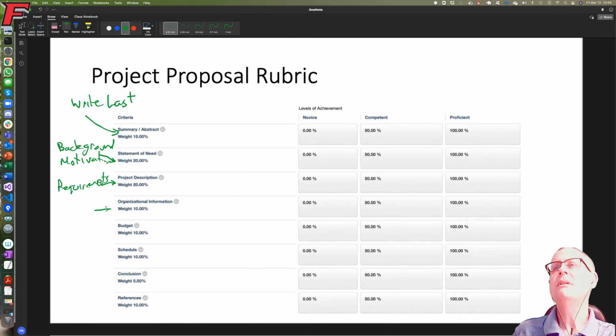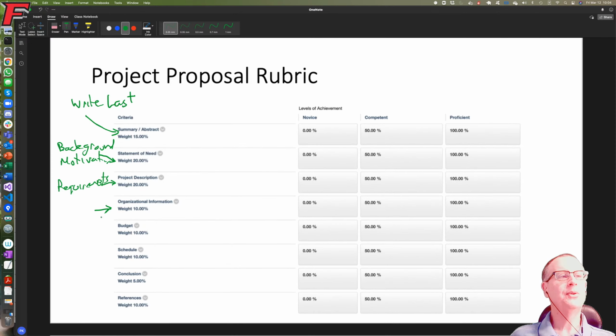Organizational information. In any team, there are various roles that people have to play, and everybody can't do everything. So I want you to figure out who's doing what.